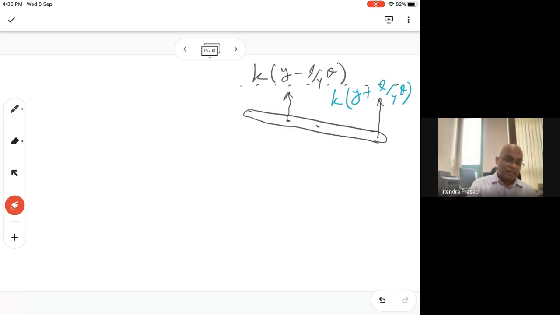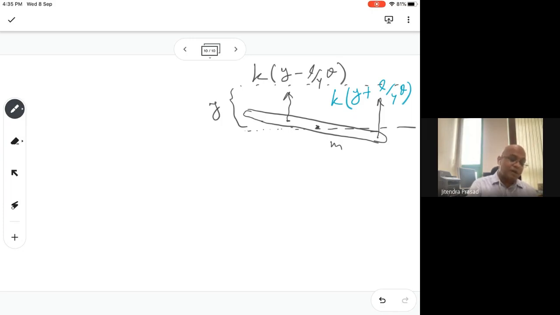These are the forces which are pulling, and then you have mass here. From here to here you have y.